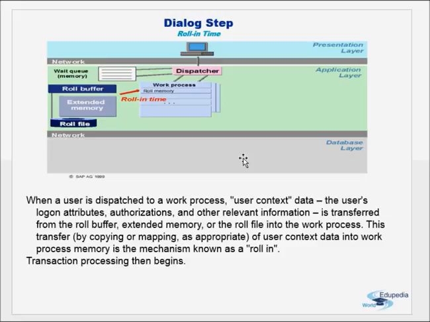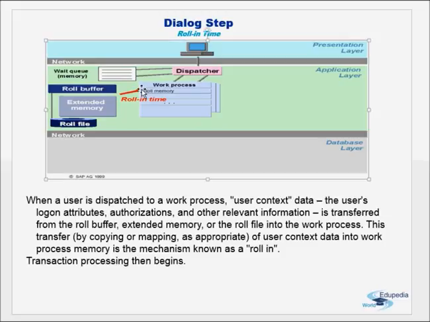When the new work process has to pick this data from the roll buffer or the roll file, the amount of time taken to fetch that data is known as the roll in time. So here this part is already over.